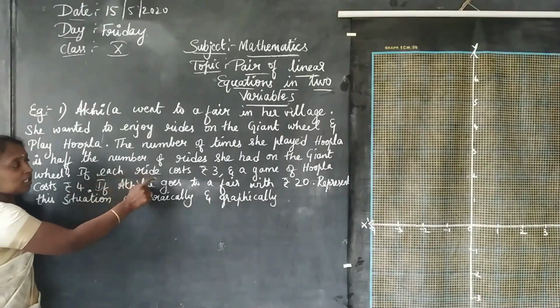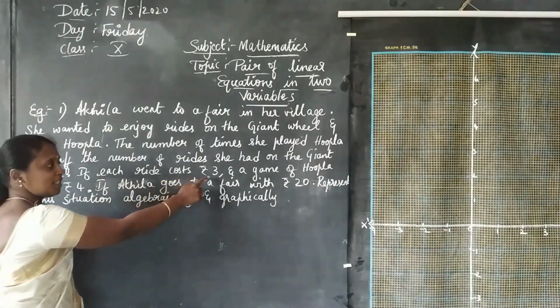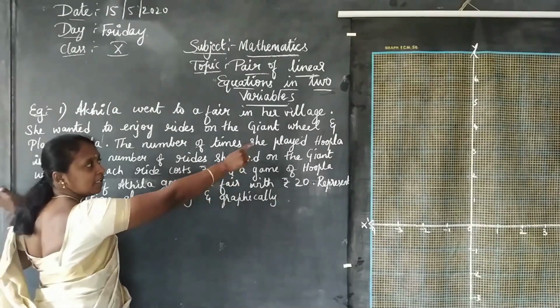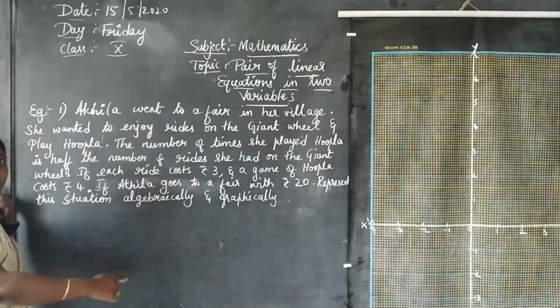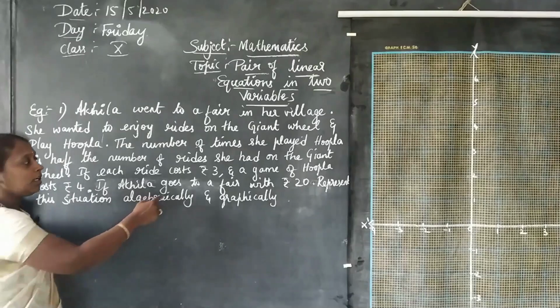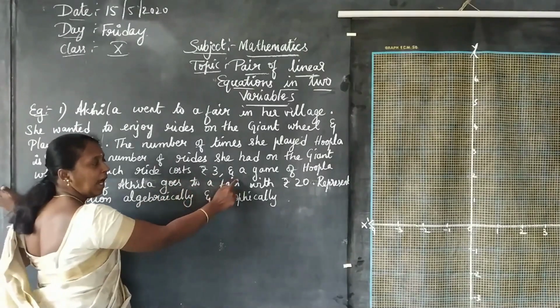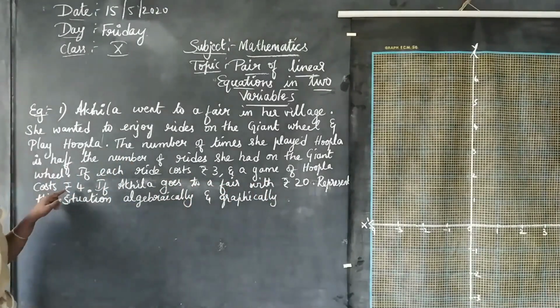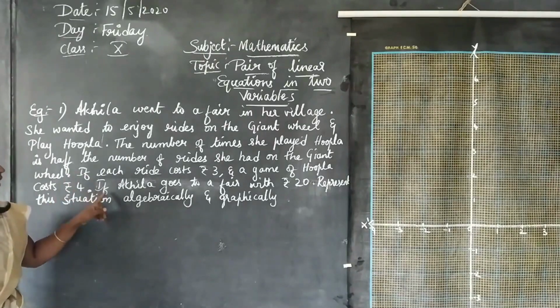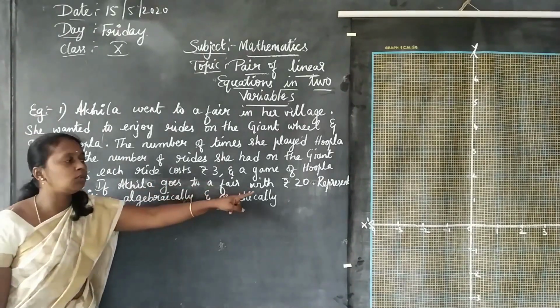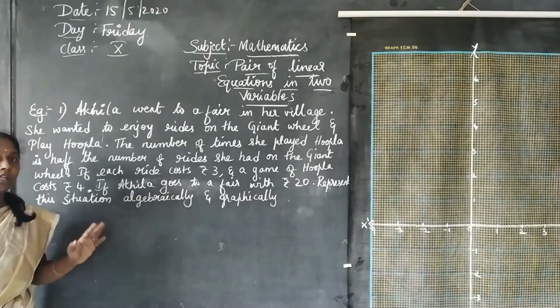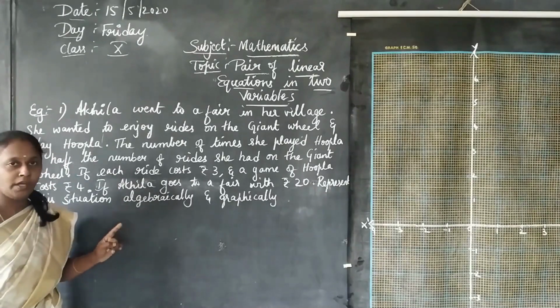Each ride costs rupees 3. Which ride? The giant wheel is called a ride here. It costs rupees 3 and a game of hoopla costs rupees 4. Akila goes to the fair with rupees 20.